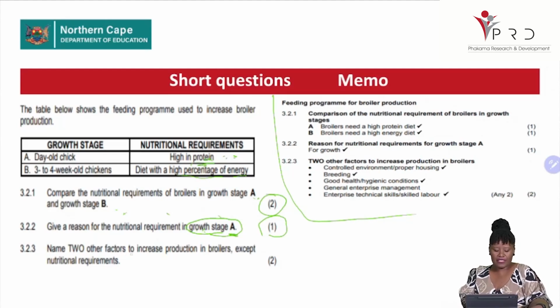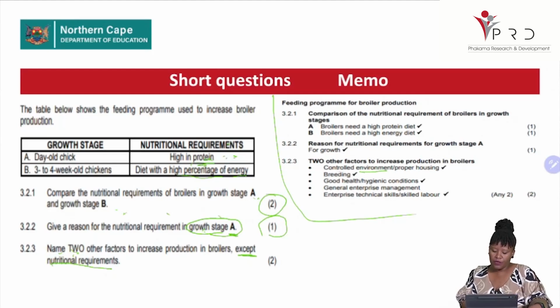Name 2 other factors to increase production in broilers except nutritional requirements, because the nutritional requirements you are already given, which means don't talk about food, don't talk about nutrients, talk about something else. We are looking at the controlled environment, which needs warmth.